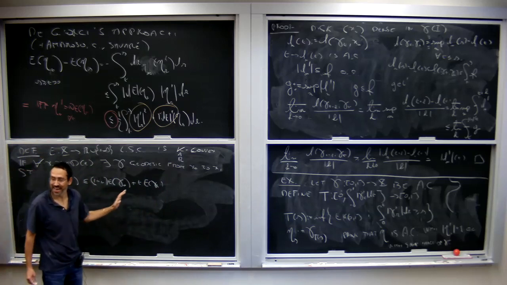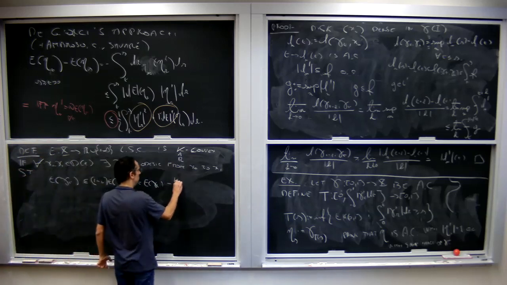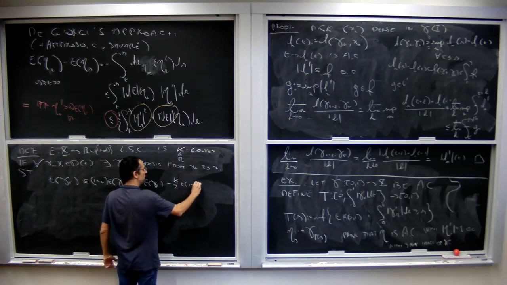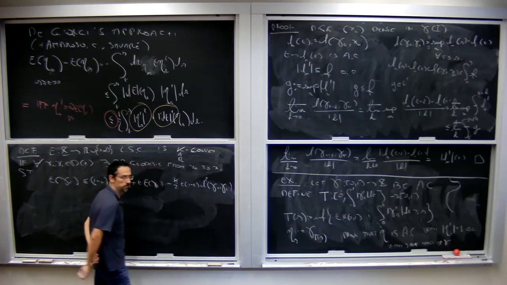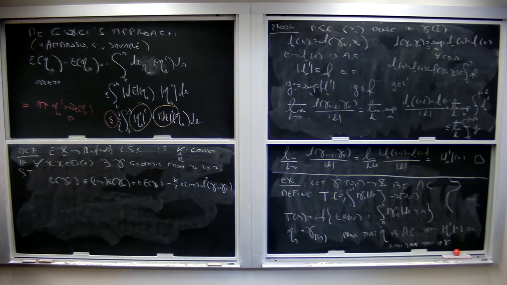If I speak about k-convexity, I have to add a correction, which is this. Right? For everything. So, of course, you see that this definition is basically the same that we used for the Lott–Sturm–Villani condition, right?